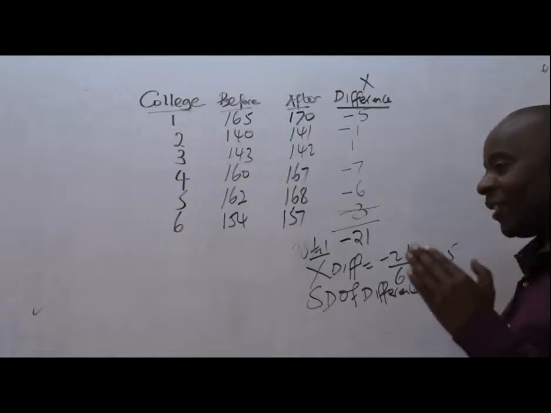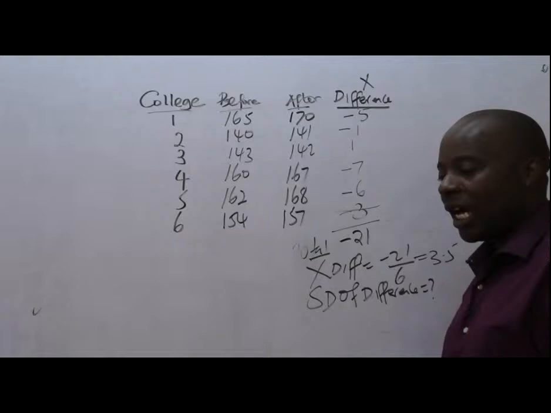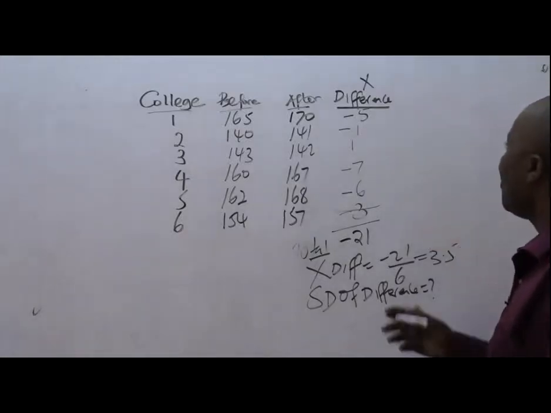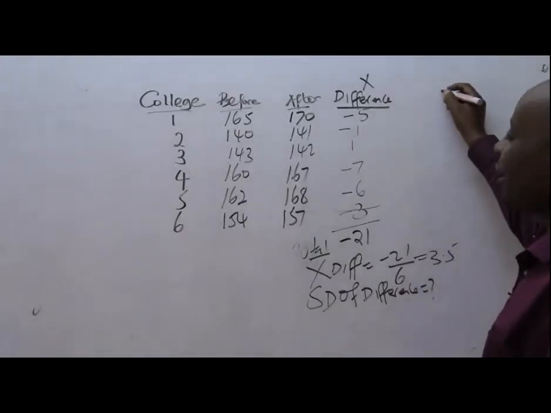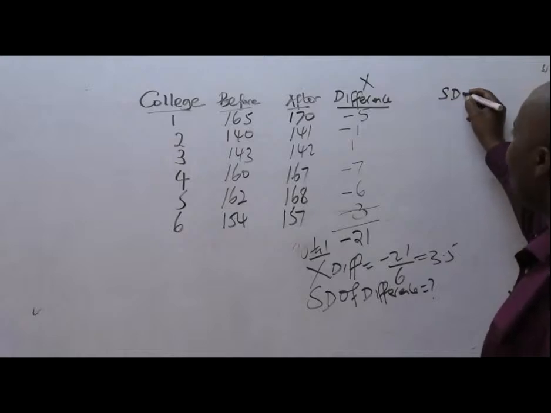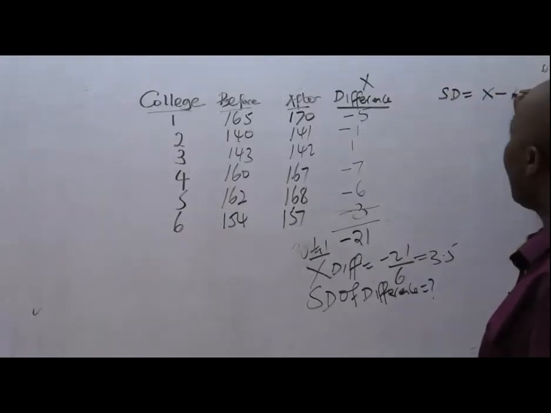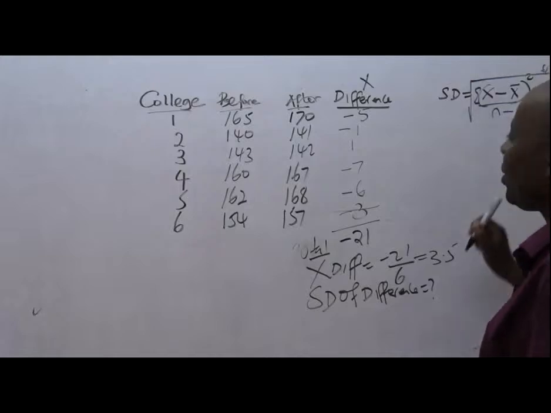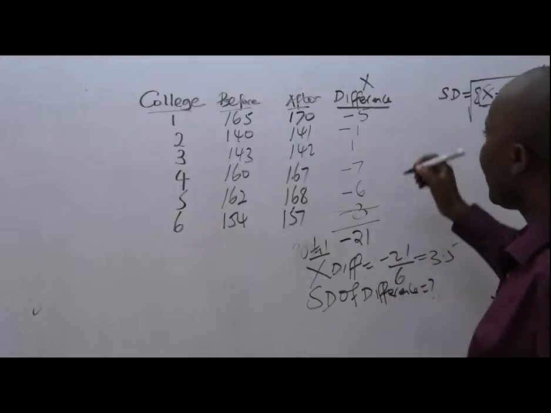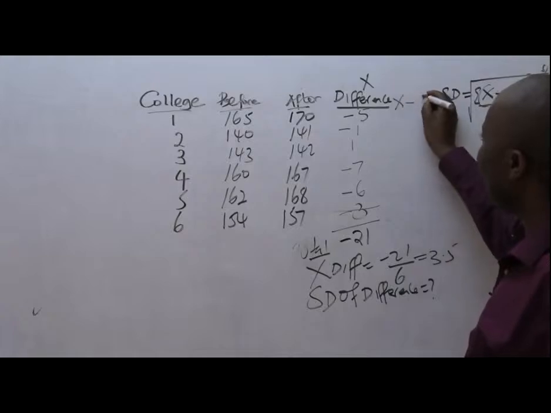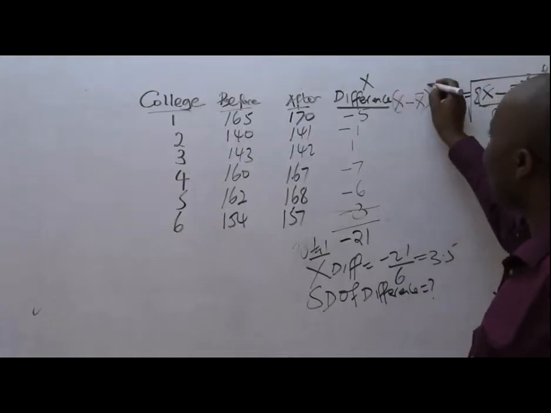So when I hear standard deviation, I'll remember the formula. I know that standard deviation is the square root of the summation of X minus X bar squared, divided by N minus 1. So I'll create a column up here for X minus X bar squared.